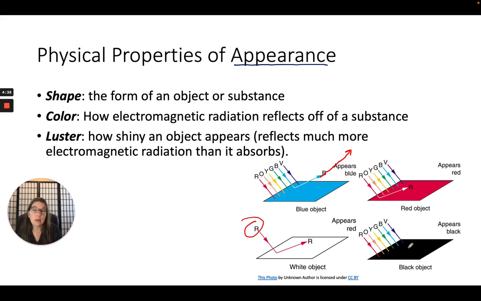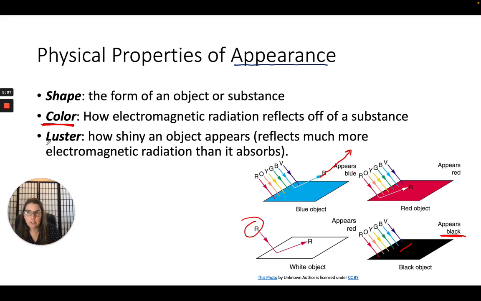In contrast, a black object is going to absorb all of those wavelengths and not reflect anything back, and you see that as the absence of color, which your eye registers as black. So when you are talking about the physical property of color, we're really talking about how electromagnetic radiation either absorbs or reflects different colors, and then you see the wavelengths that bounce into your eyes.